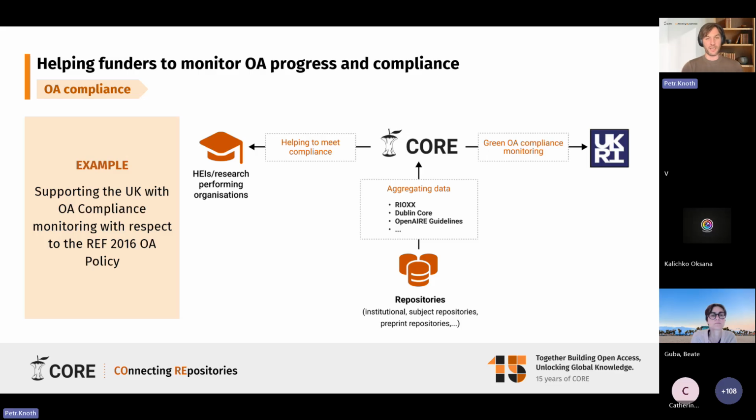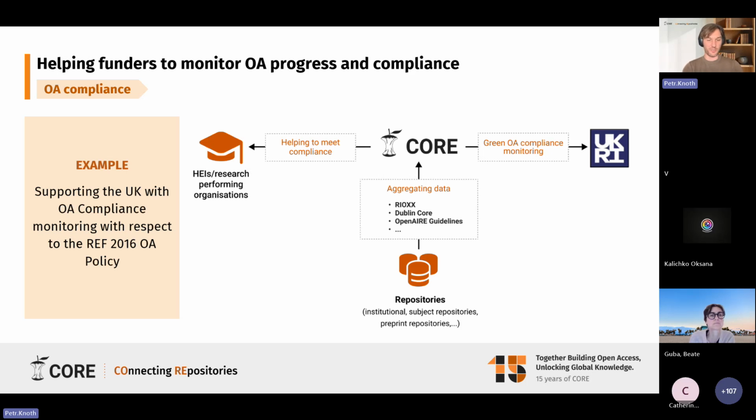I am now going to give an example of a widely popular open access monitoring tool, which is embedded in the dashboard, which addresses the UK Open Access policy for REF 2021 and REF 2029. It originally was designed for REF 2016, then 2021 was used, and now it will also be used for REF 2029.